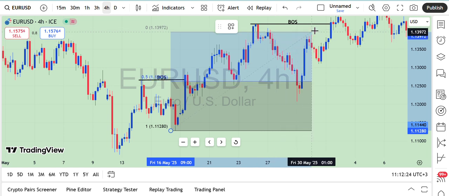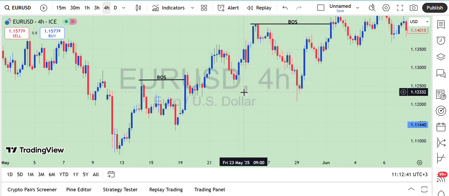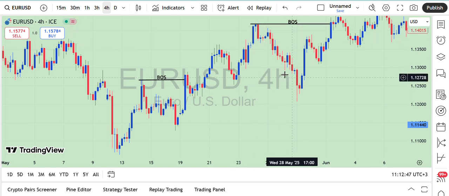And the next one, you can see very clearly, came back to 50%. So this is the correct pullback. And why is it a correct pullback? Let me remove this Fibonacci. First of all, as the market came down, I knew I was not going to buy from this zone.